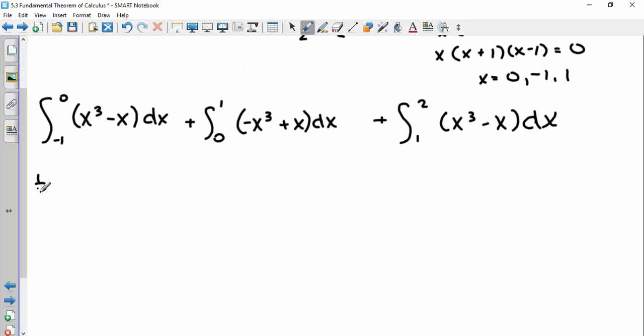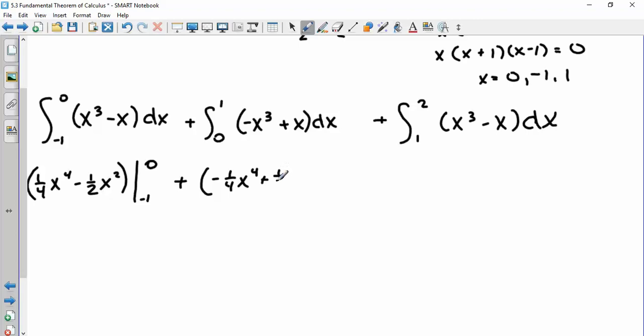X cubed would go to 1/4 x to the 4th. Antiderivative of x would be a 1/2 x squared. This would be a negative 1/4 x to the 4th plus a 1/2 x squared.